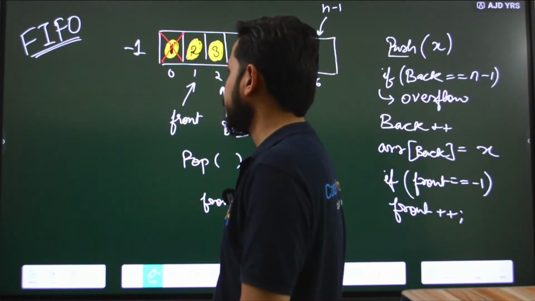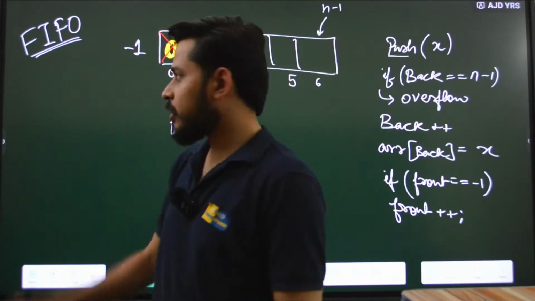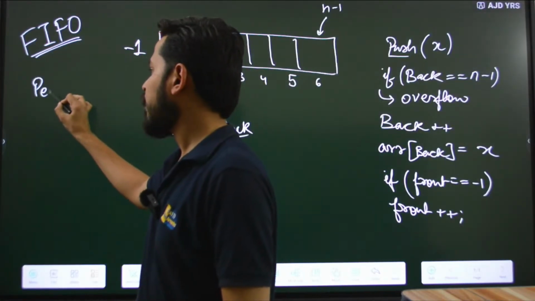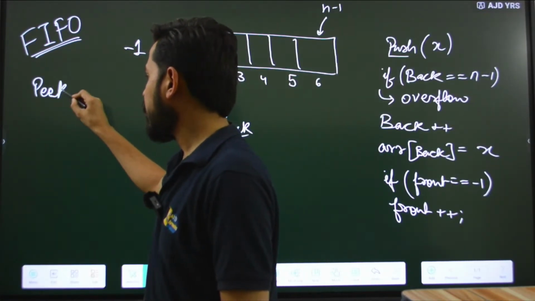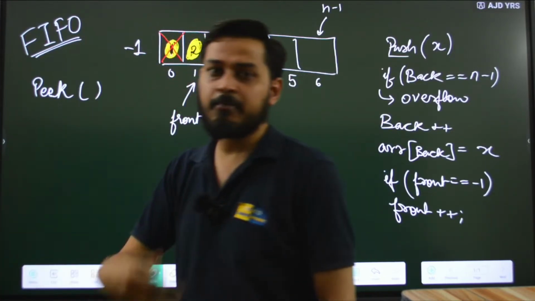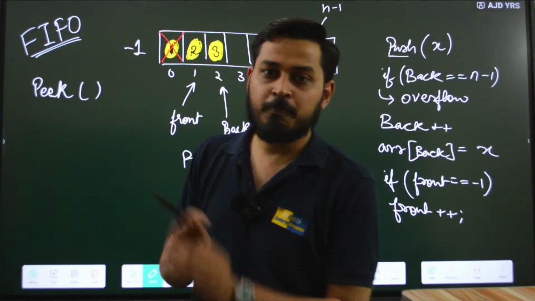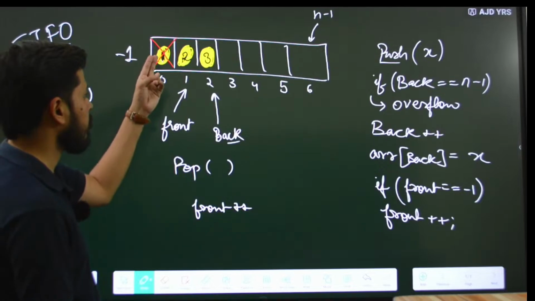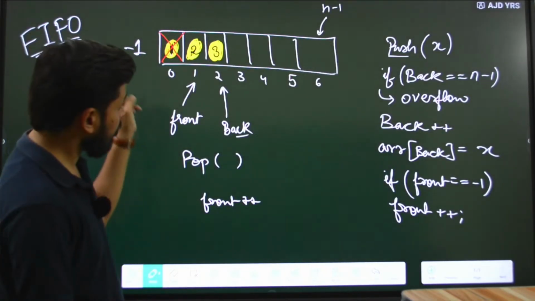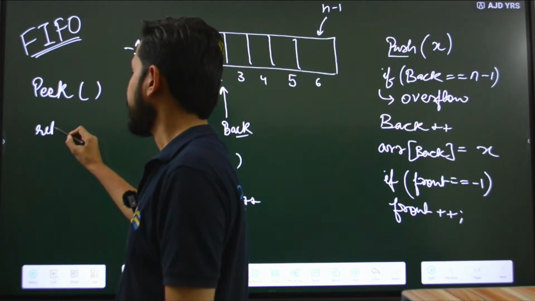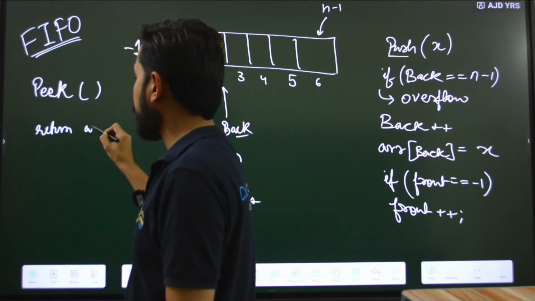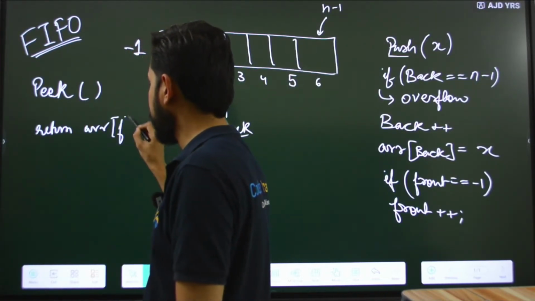Not only push or pop, we have a peek function also, which is very important in terms of queues, to peek at which element is going to get deleted. In this case it will be front, so I can just say return ARR of front.